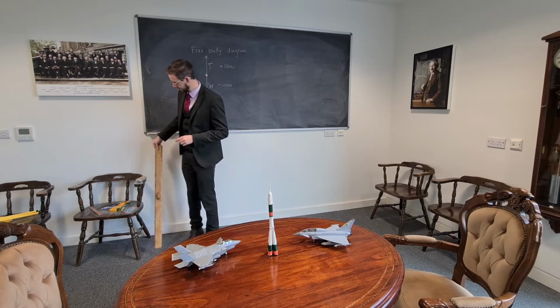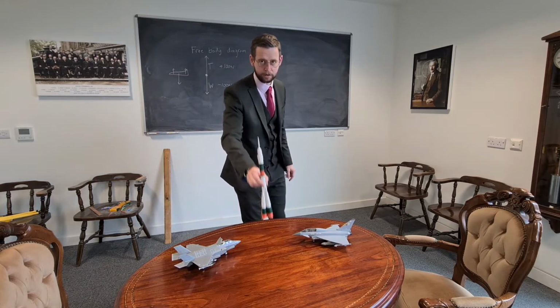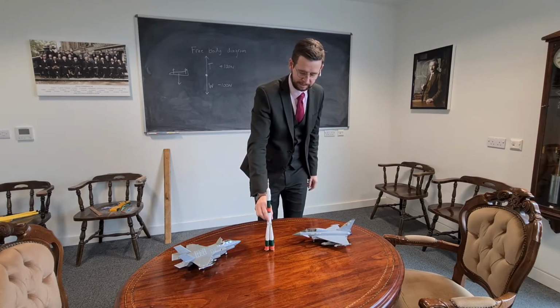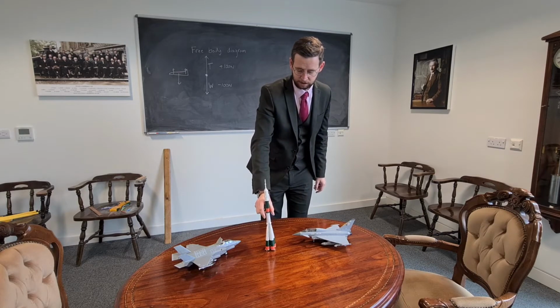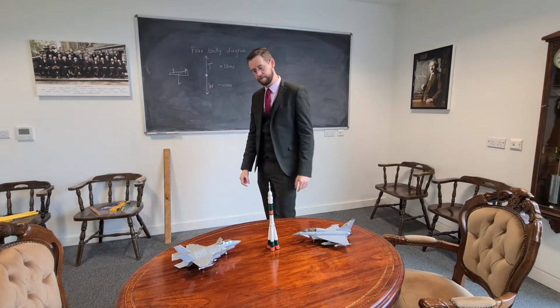What about a different example? What about the example here with the Soyuz rocket? Now the Soyuz rocket is going to be very similar to the aeroplane with one obvious difference.